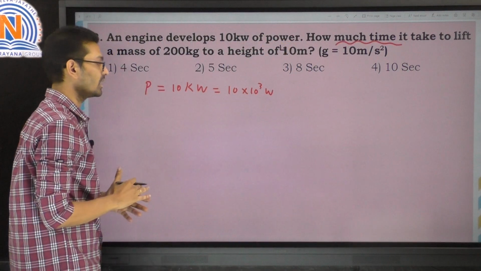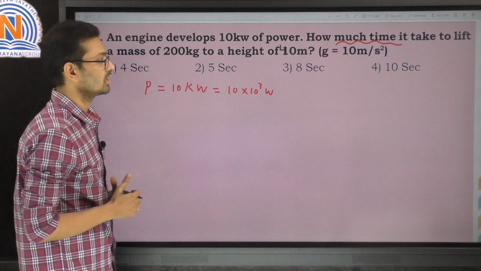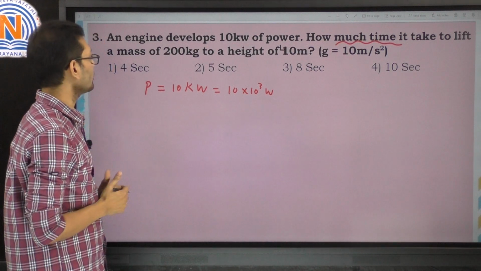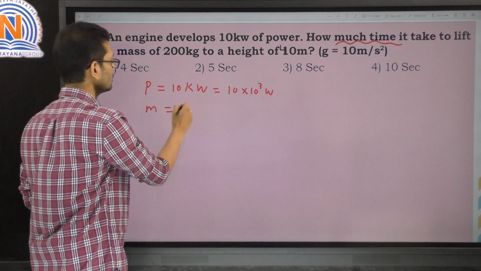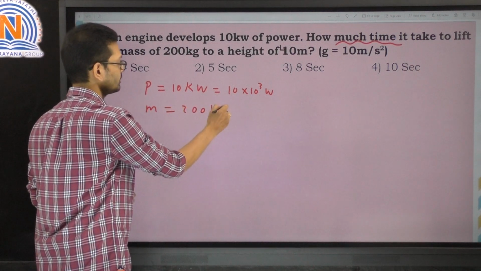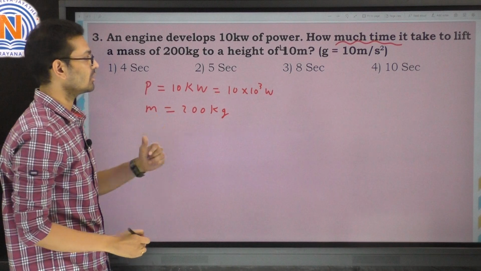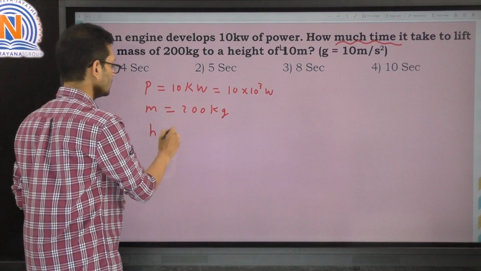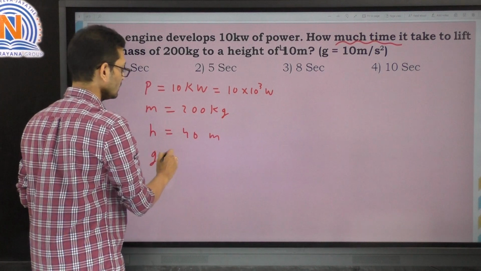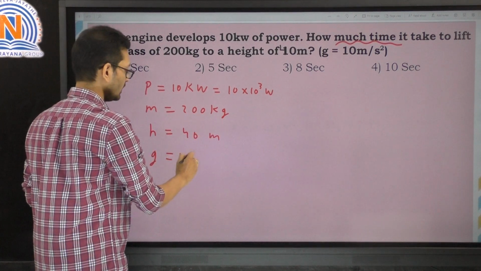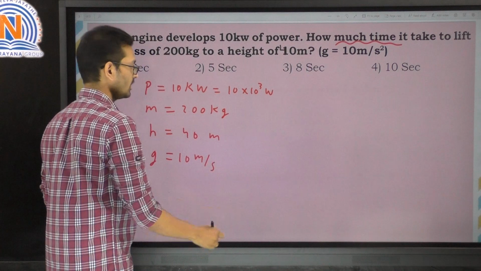Now let us try to find how much time it is going to take. To lift a mass of 200 kg, mass is equals to 200 kg, to a height of 40 meters. So h is equals to 40 meters and g is going to be equal to 10 meter per second square.